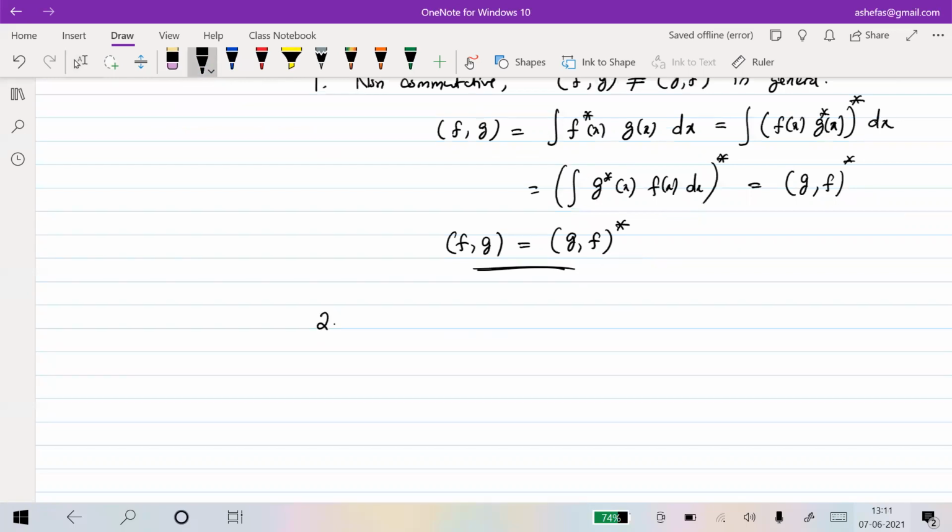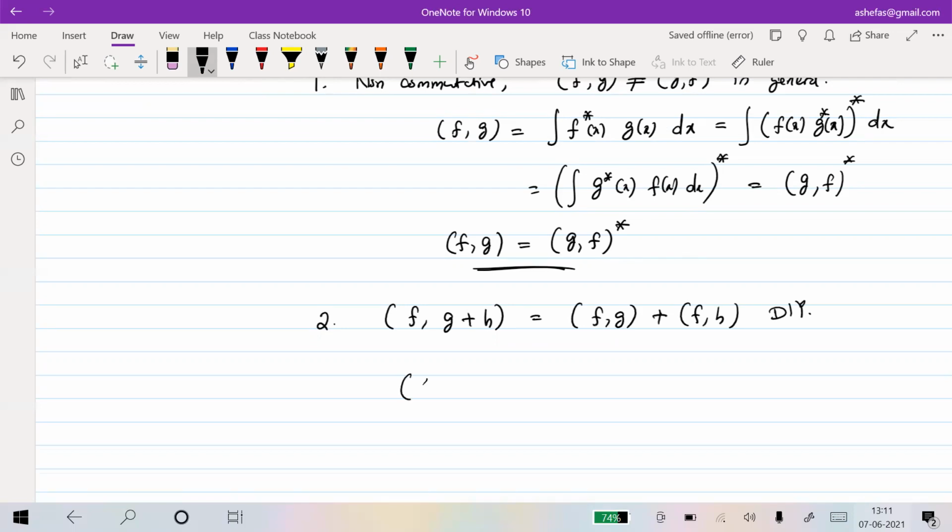Now the second thing is the inner product is distributive. That is (f, g plus h) is the same as (f, g) plus (f, h). This you can prove yourself. Only thing is you have to take the same definition.